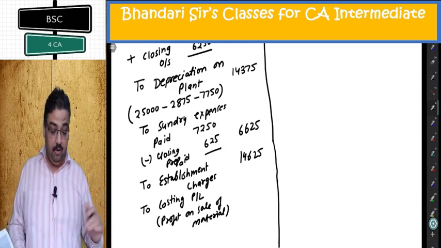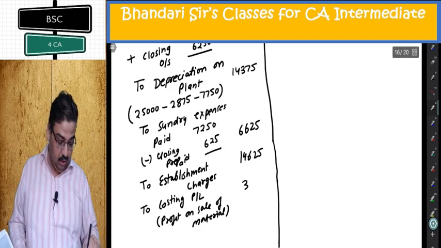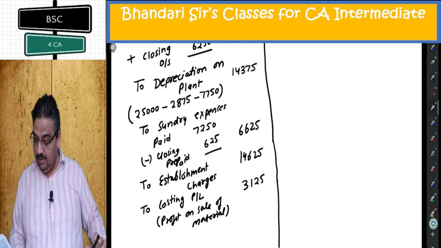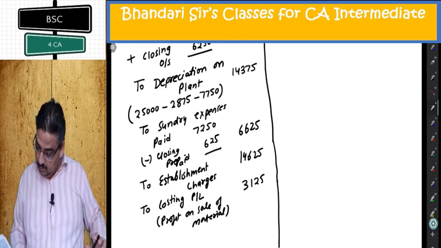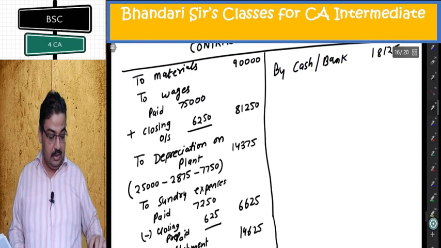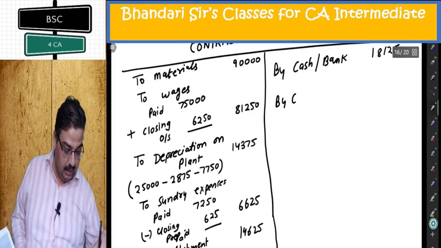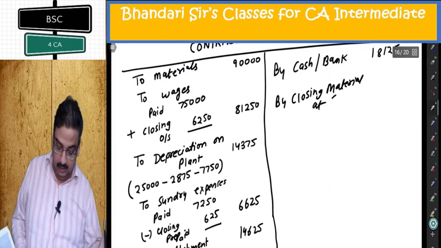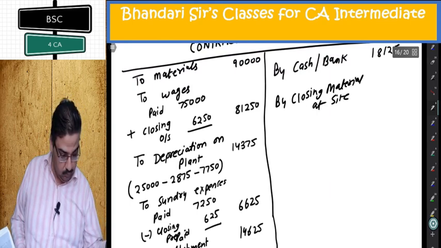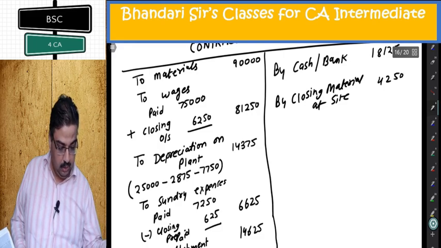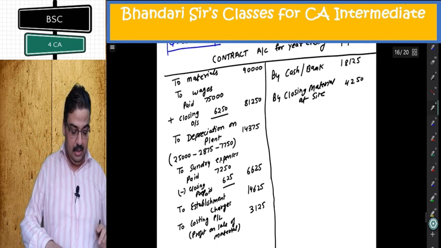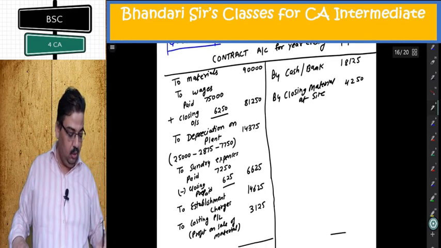So abnormal profit will go to costing P&L 3125. The impact of cost comes on credit side, that is 15,000 net. Plant we have seen, material at site is there. By closing material at site 4,250. I have to just make calculations to find balancing figure, which should be the notional profit.